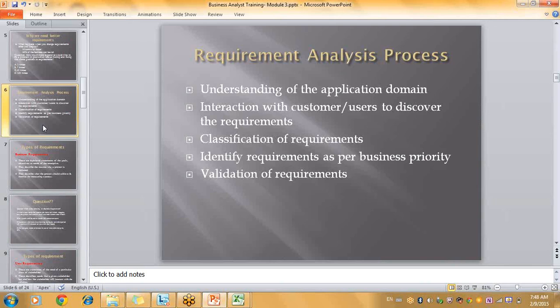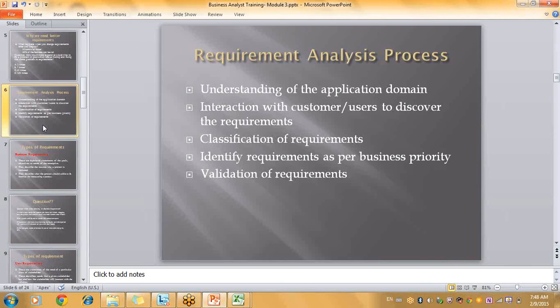For example, when I have to work on a native application, I should know, okay, what does native app mean? That means a native app is something that we download from the store, right? We have to download and install the application. It will vary from one platform to another platform. These are the various platforms that the mobile application should have. So this is basically the understanding of that application domain.